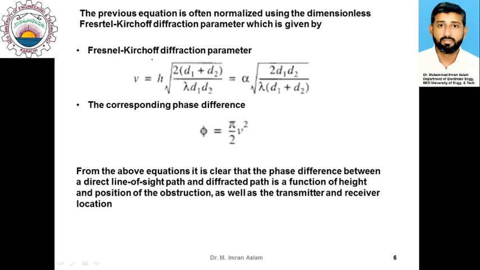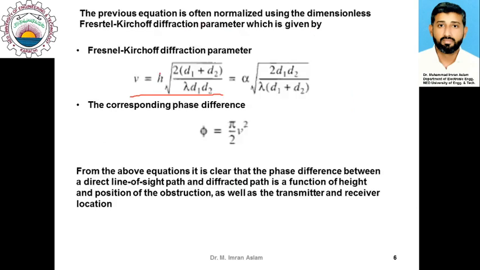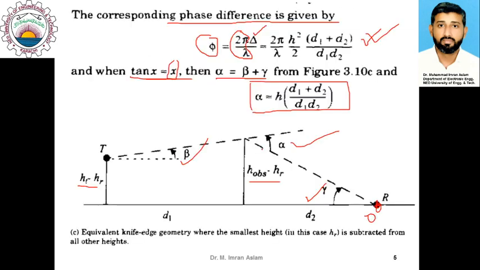This Fresnel-Kirchhoff diffraction parameter is represented with this expression. Nu is h, which is the height of diffraction, illustrated in the previous diagram, times the square root of 2(d1 plus d2) upon lambda d1 d2. This h is the height of diffraction, which is shown here.